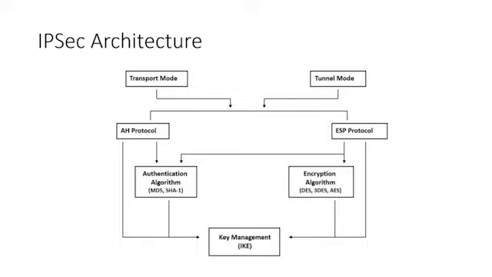But you can see over on the right-hand side, we have the ESP protocol, and it can do authentication algorithms and encryption algorithms. And then we always end up down at the same place. But you can see here from this architecture that AH is concerned with the authentication algorithms, MD5, SHA, the hashes. The ESP is not only concerned with authentication, but now encryption, like triple DES, DES, and AES.